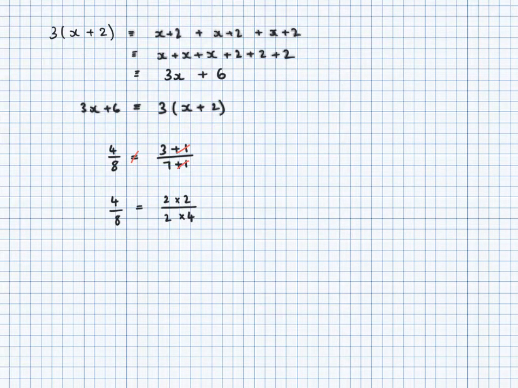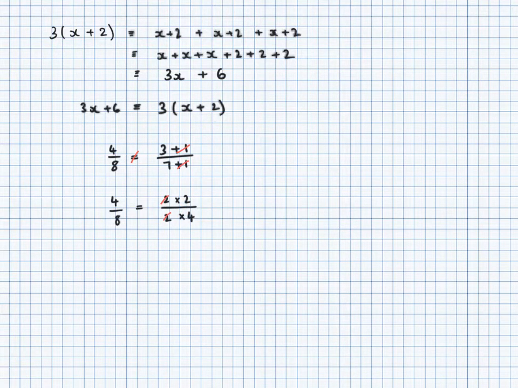Now if I divide this top by 2, so I've got 2 times 2, divide that by 2, I lose a 2. Here I've got 2 times 4, divide that by 2, I lose a 2. Notice how I divided the top and the bottom by 2, and that's how these 2's will actually cancel. So these will cancel and it will leave me with 2 over 4.